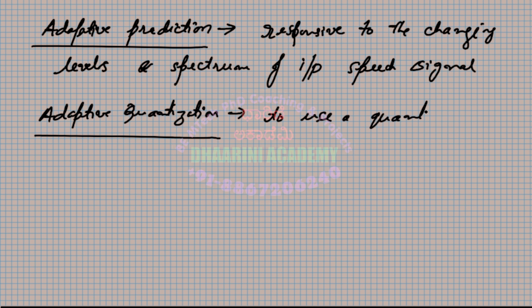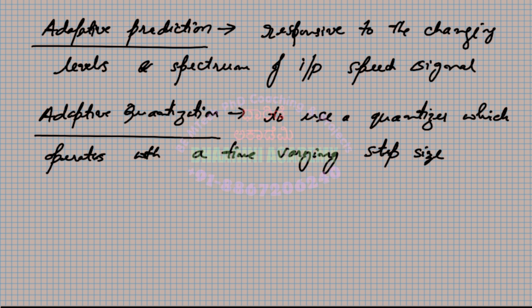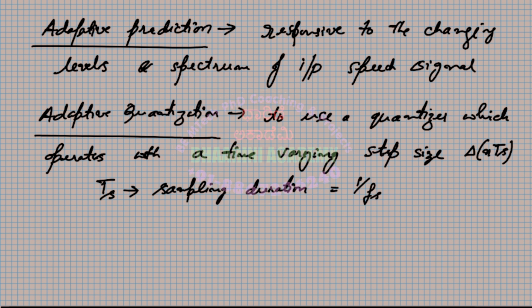That means whenever we get different samples and the sample magnitude changes, the step size should also change accordingly. Let's denote the step size as delta. The notation is delta of n Ts. What is Ts? Ts is the sampling duration, which is 1 by fs. Correct? Okay, we know that.